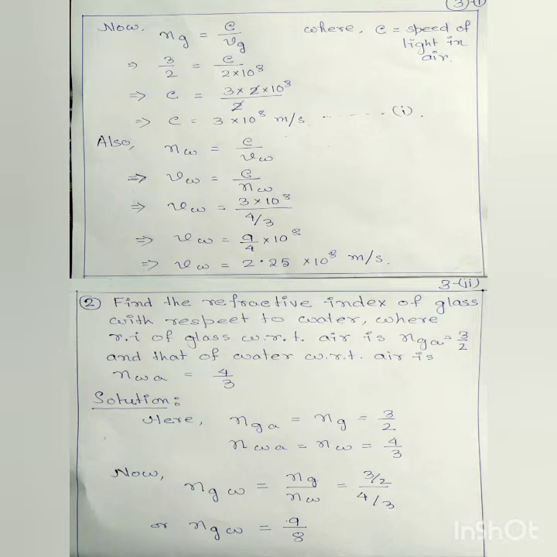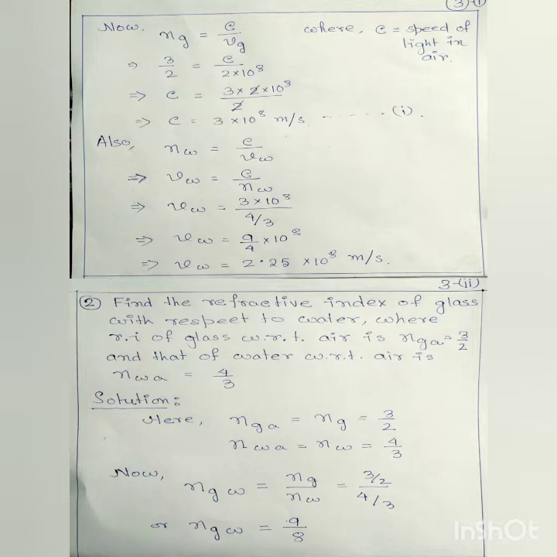The refractive index of glass with respect to air, that is the absolute refractive index of glass, is 3 by 2, and the refractive index of water with respect to air, that is the absolute refractive index of water, is 4 by 3.